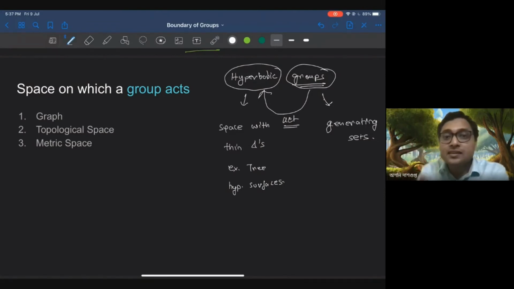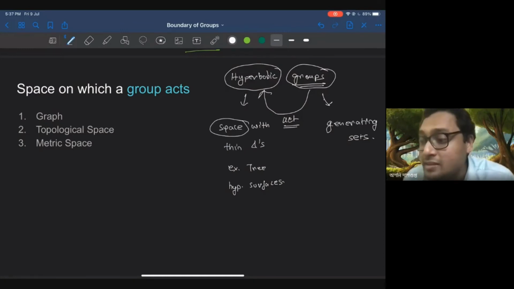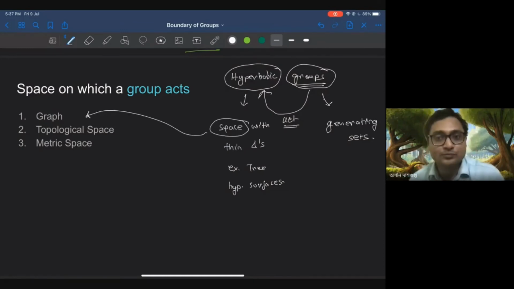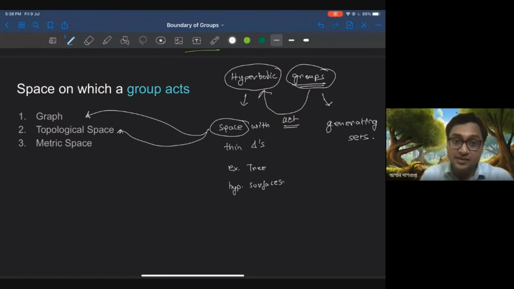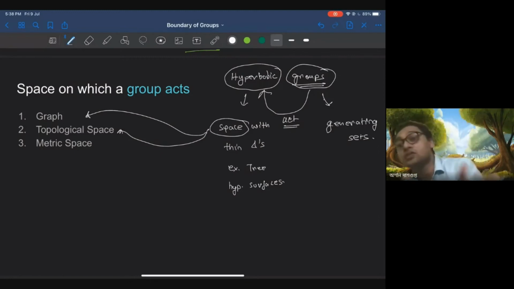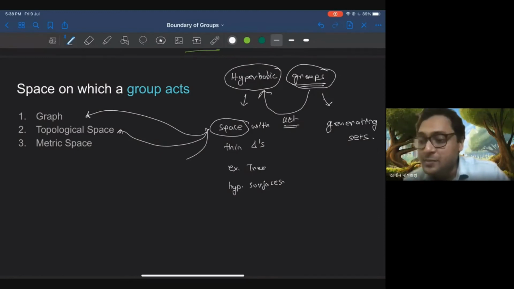So maybe the space that we are working with is a graph. Then the graph theoretic properties of that space will tell us something about the group. Maybe it is a topological space. Then the topological property of the space can tell us something about the group itself. Maybe it is a metric space.